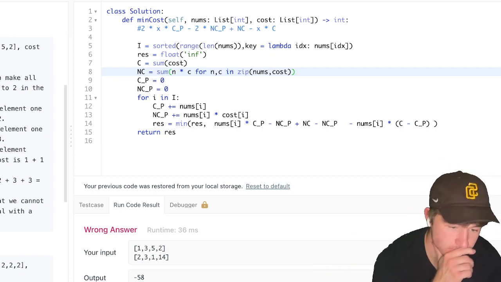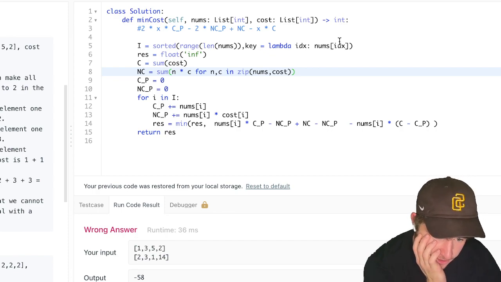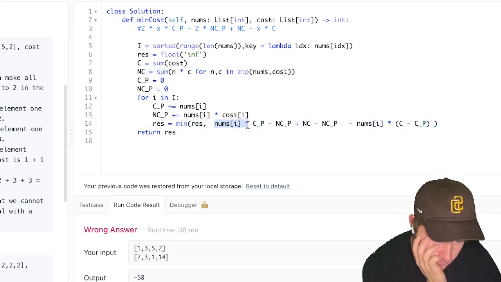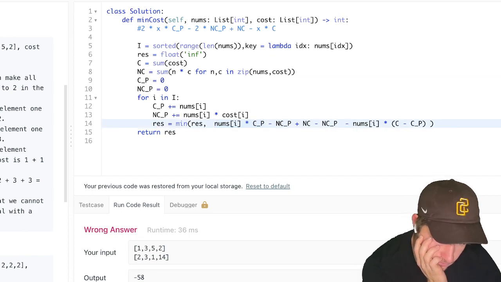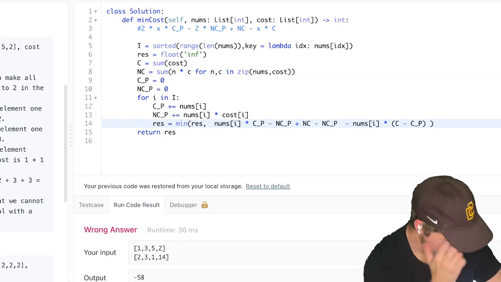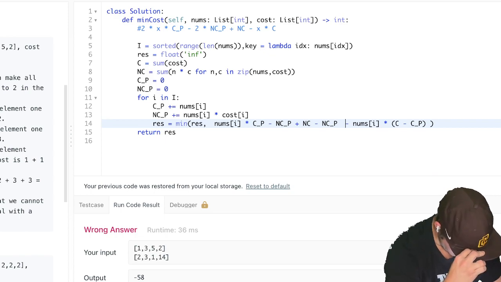Man. I got too confused, man. Shoot. Is the order something wrong here?